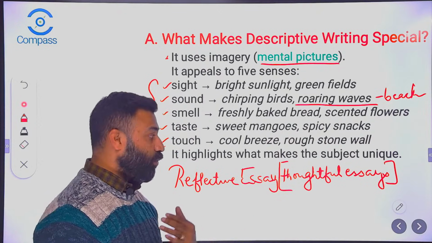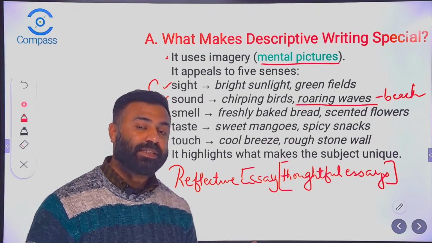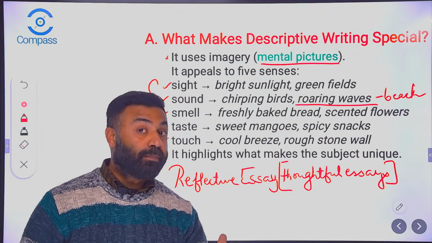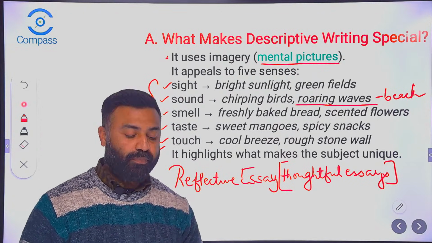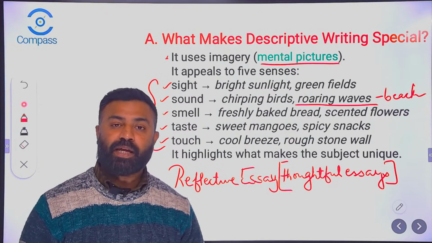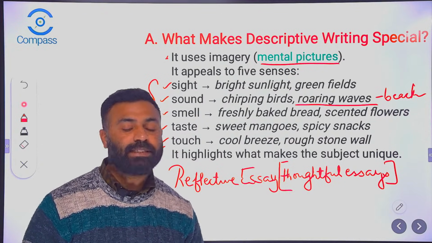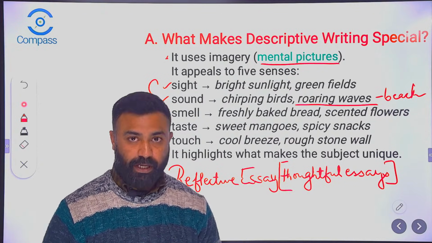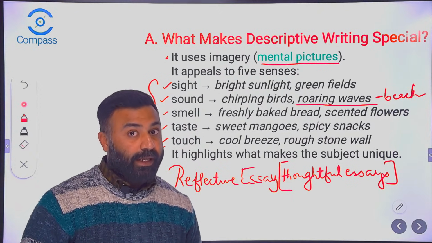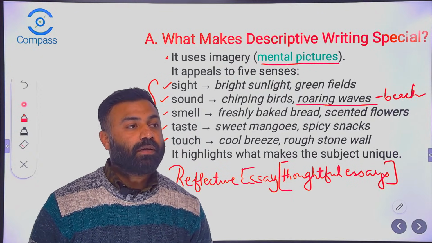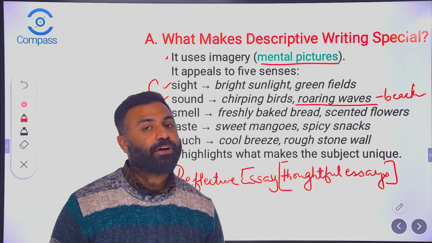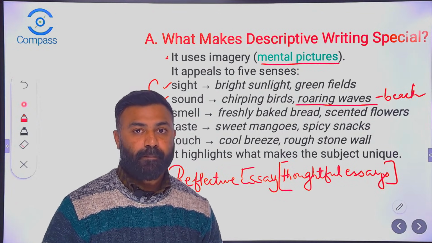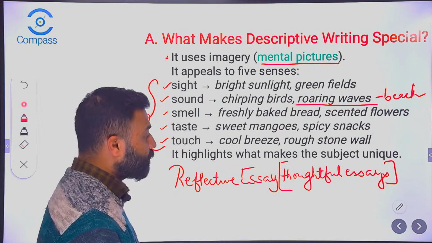What do I mean by thoughtful essays? Something that talks about a person's character, bravery, respect, integrity, honesty, and so on. So there can be topics from the category of reflective essays. All right, let's move forward.